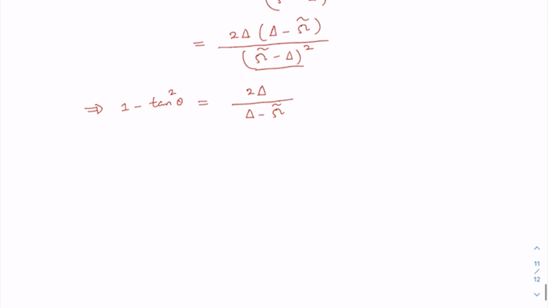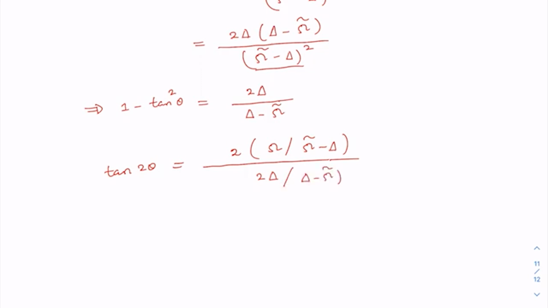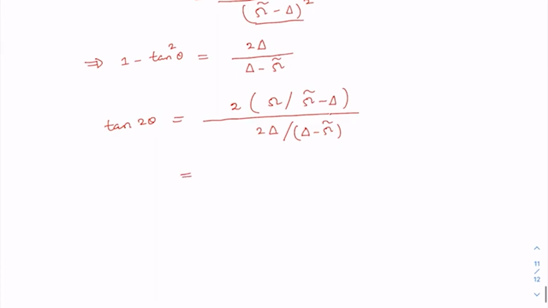Now let me work out what is tan 2 theta. Tan 2 theta is equal to 2 tan theta over 1 minus tan square theta, and tan theta is omega divided by omega tilde minus delta, and 1 minus tan square theta we already worked out, that is 2 delta divided by delta minus omega tilde, which I can write as twice omega divided by omega tilde minus delta, and here I will have delta minus omega tilde divided by 2 delta.